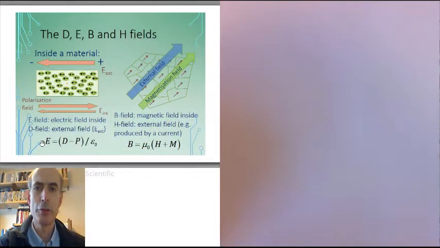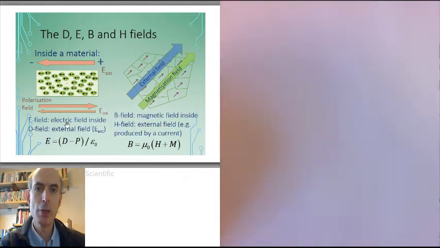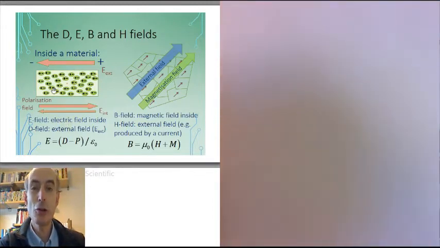In dielectric materials, we talk about the internal field and the external field in terms of the E field and the D field. The E field is the actual electric field inside the material, in the sense that that is the force on a unit charge. So this E field inside is the difference between the externally applied field, known as the D field, and the polarization field generated by all of the small dipoles inside the material.